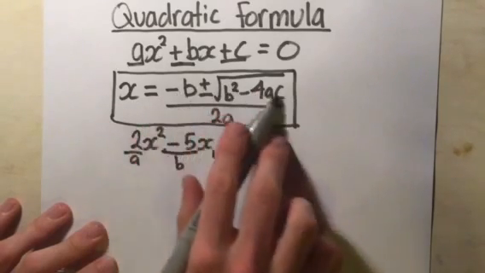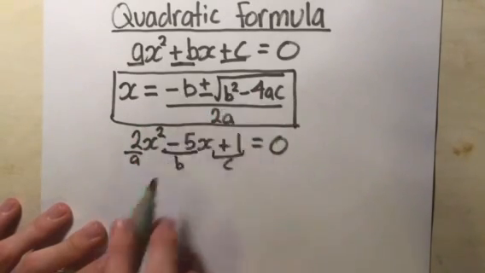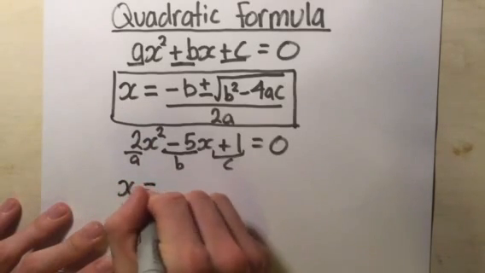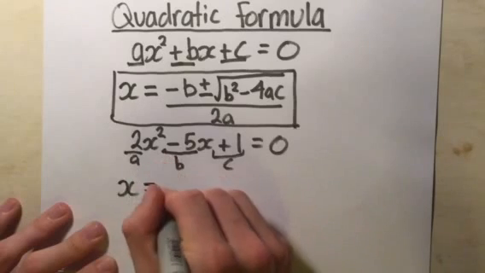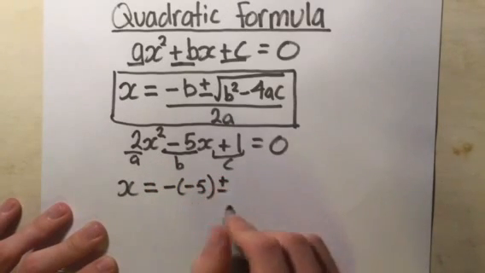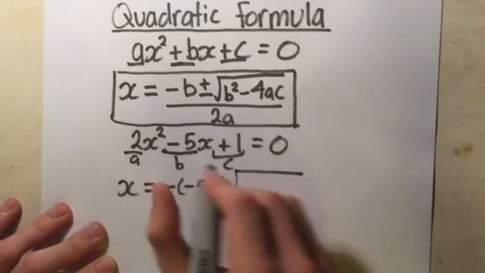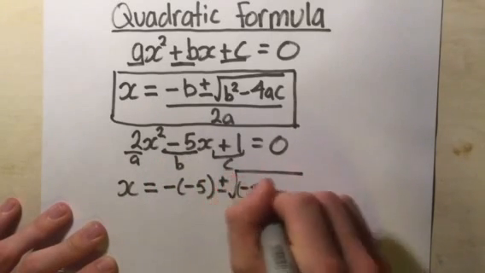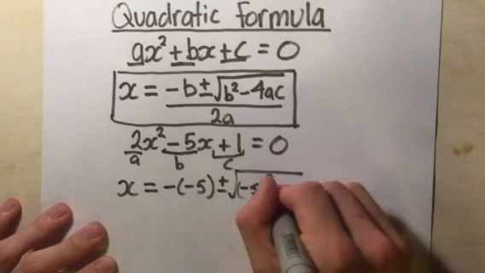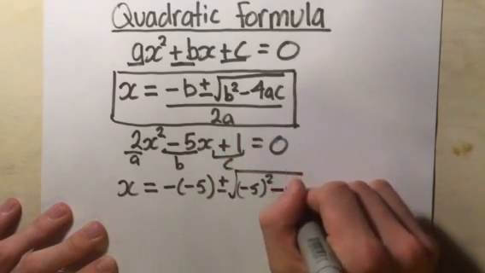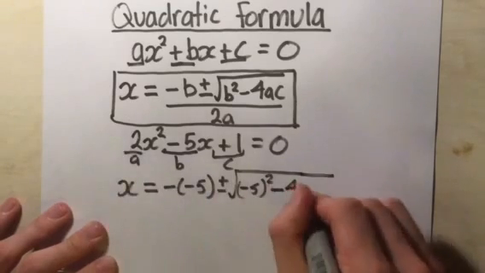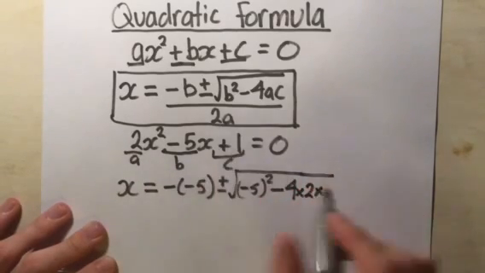So we're now going to look at this formula and put these values in to find our x answers. So we know that our x solution is going to be x equals minus minus 5, plus minus the square root of minus 5 squared, and I'm going to use a bracket with all the negative terms, minus 4 times a, which is 2, times c, which is 1.